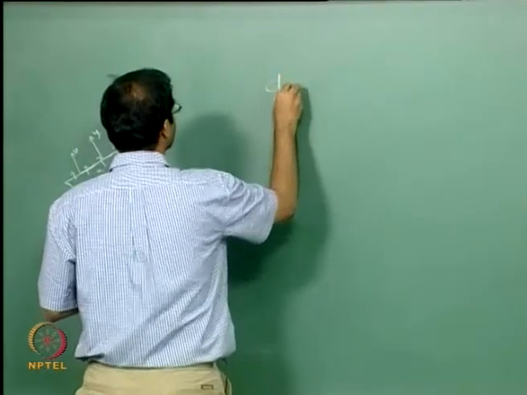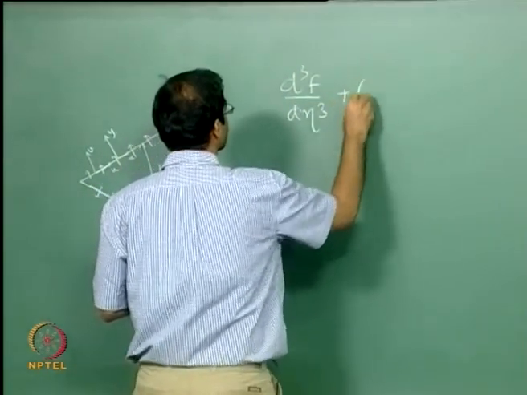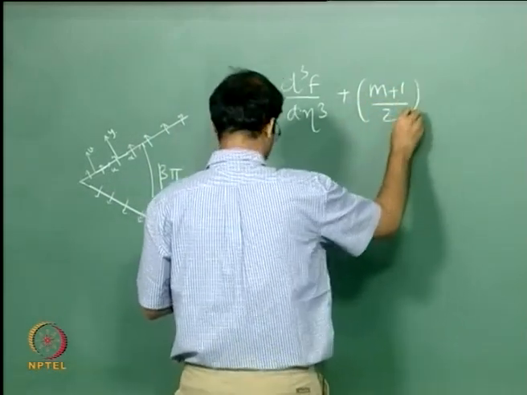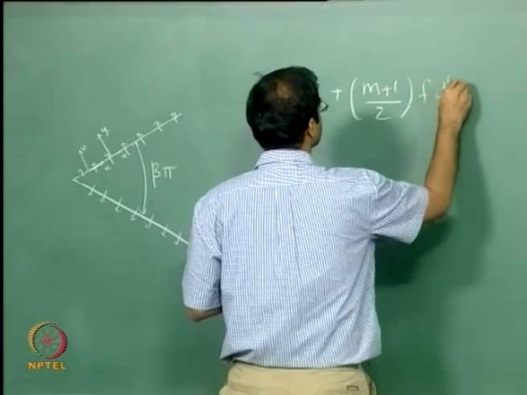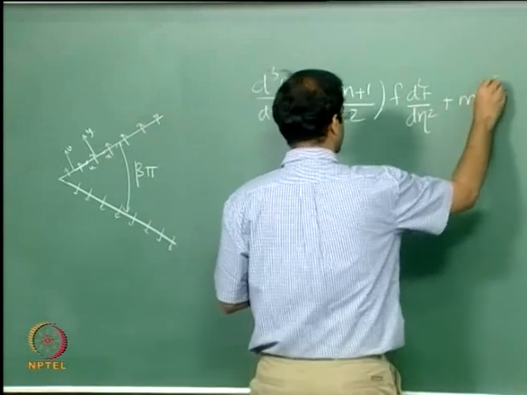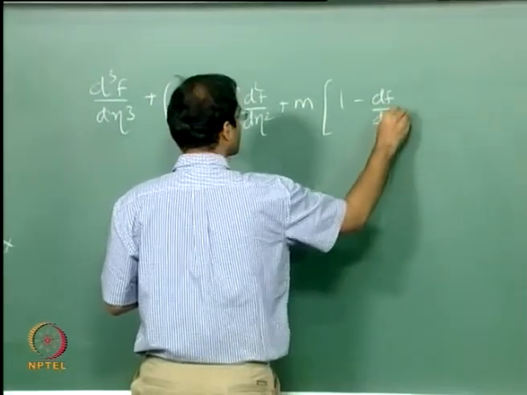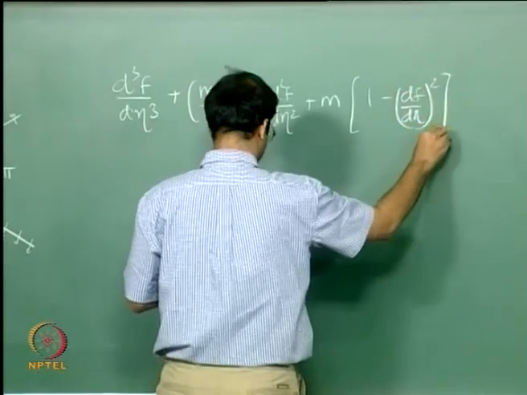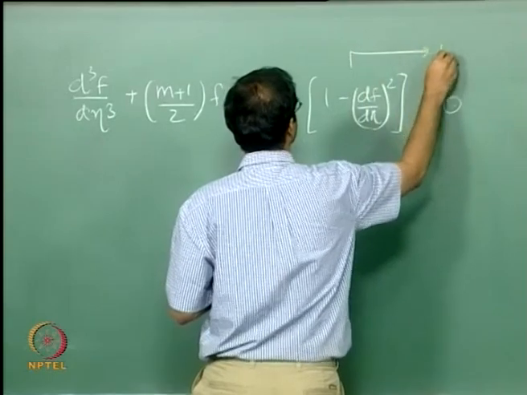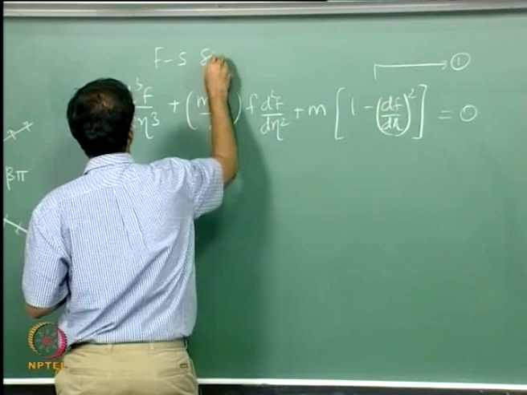I am going to write it down. Let us call this equation number 1. This is your Falkner-Skan similarity equation.